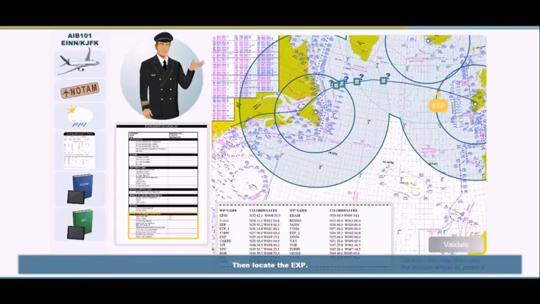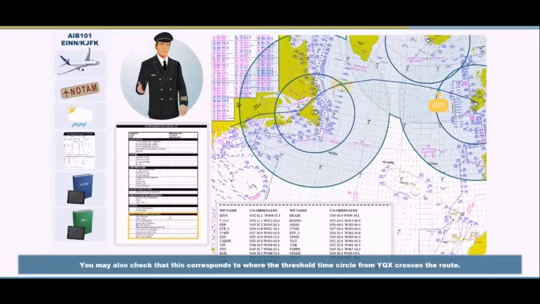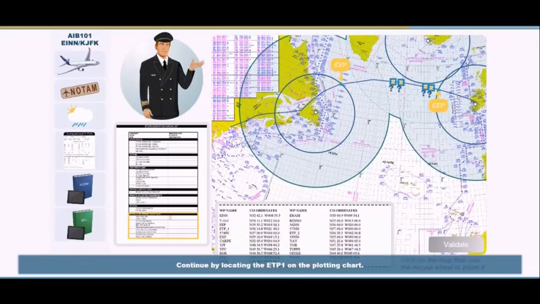Then locate the EXP. You may also check that this corresponds to where the threshold time circle from Gander crosses the route. Continue by locating the ETP1 on the plotting chart.